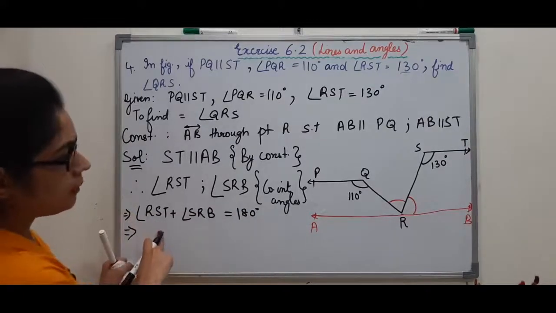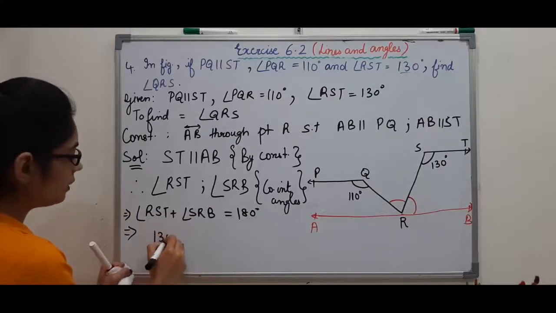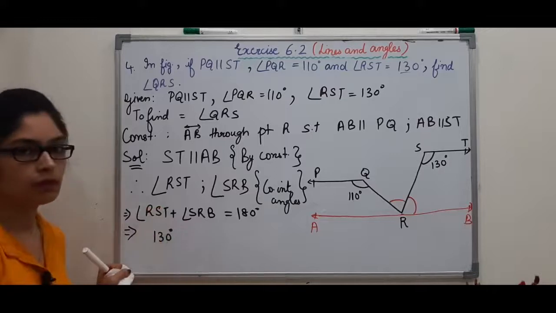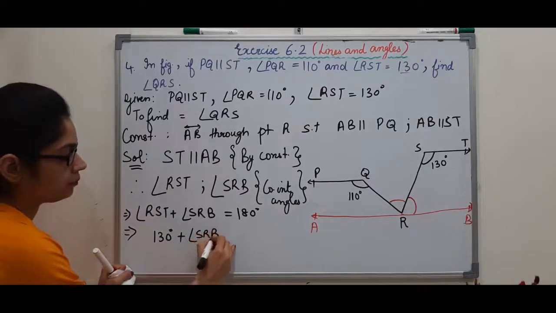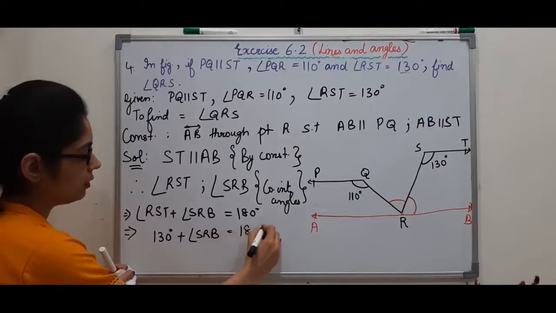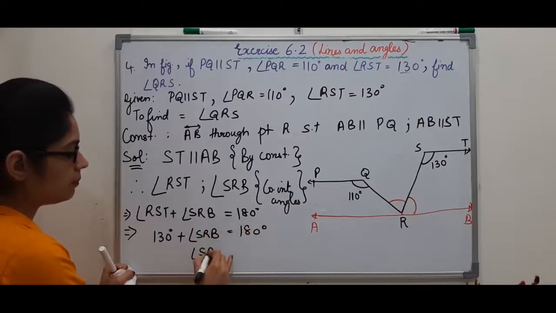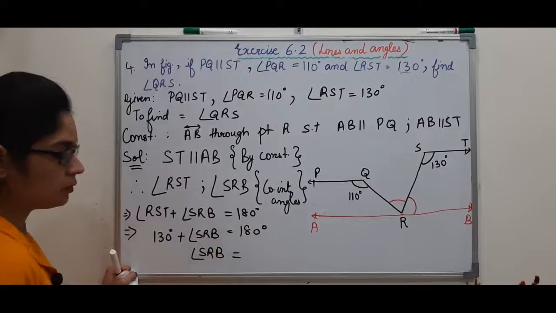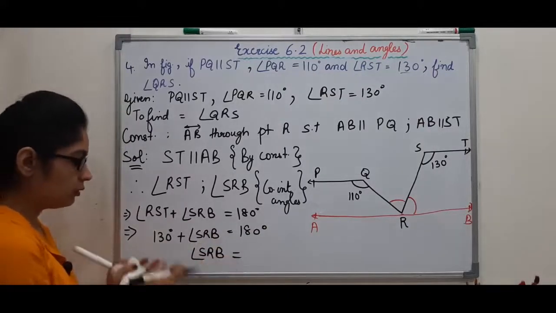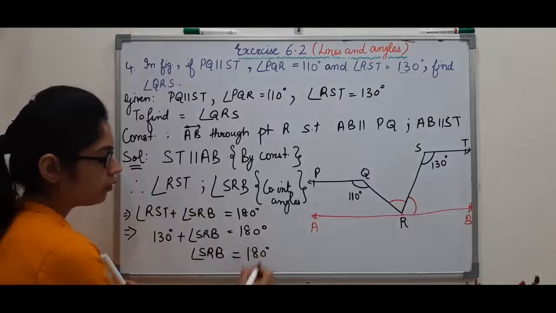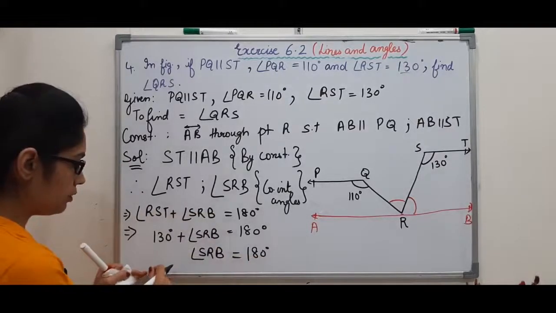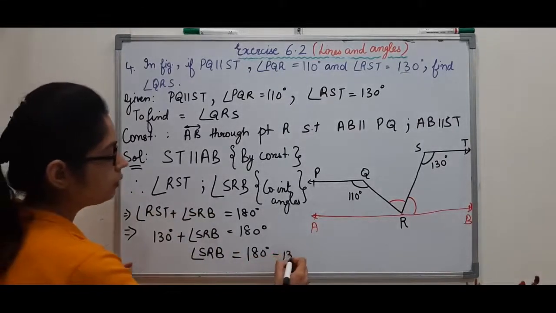RST, its value is 130 degrees, already given to us. We can substitute the value. Then 130 plus angle SRB is equal to 180 degrees. Since we need to find the value of this angle, we'll shift 130 to the other side. Plus 130 on changing the side will be changed to minus 130.